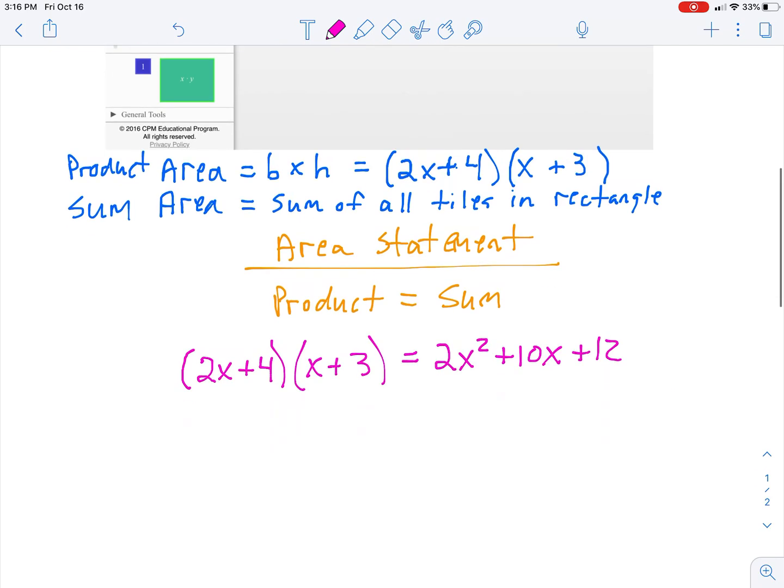This area statement is showing us that this times this equals that. We have an equation, and it's showing us that if I multiply the base times the height, and I can do that operation, it's going to give me an equation that represents the area of that rectangle.